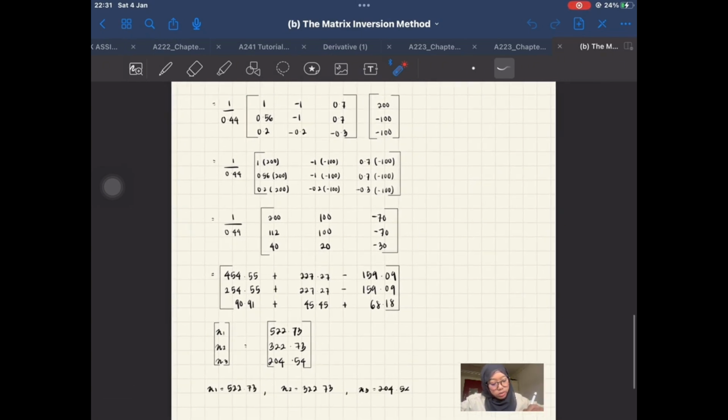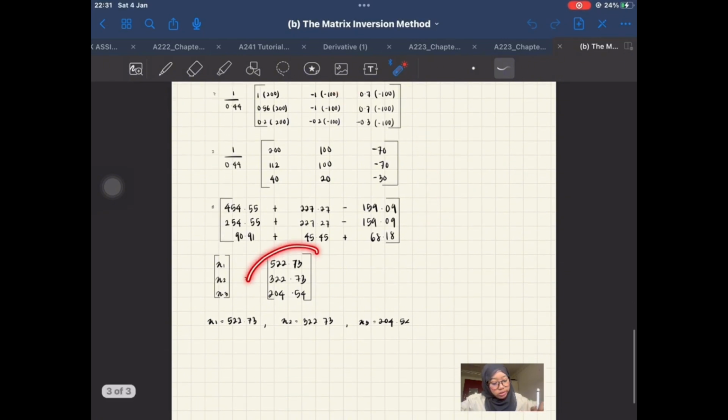Then multiply this into the matrix. Continue the calculation and then we get the answer: x1 is 522.73, x2 is 322.73, and x3 is 204.54.